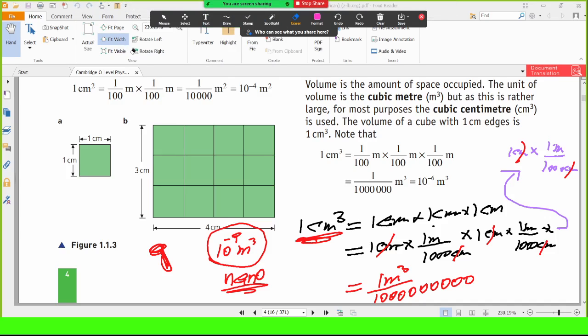1 meter is equal to how many centimeter? It is written 100,000, yeah, here it should be 1000. So this is the big mistake, not the silly one.